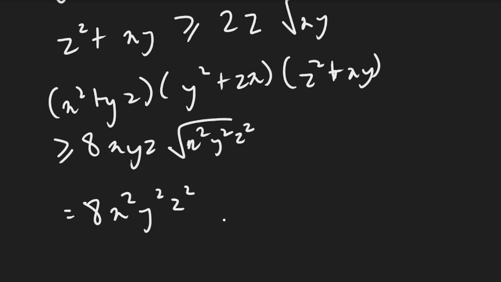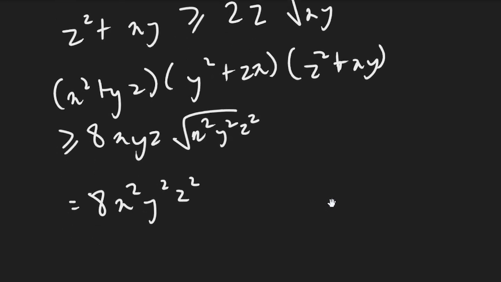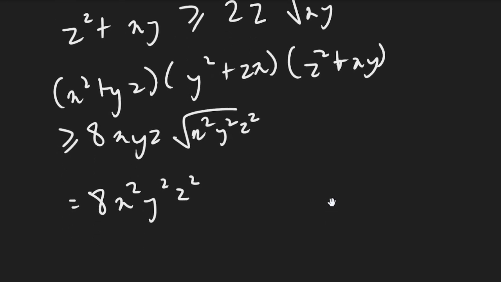Now we have this. But how do you find the minimum? To find the minimum or maximum of a certain inequality, we have to consider when they equate each other. So it becomes a minimum when this expression is equal to this expression.